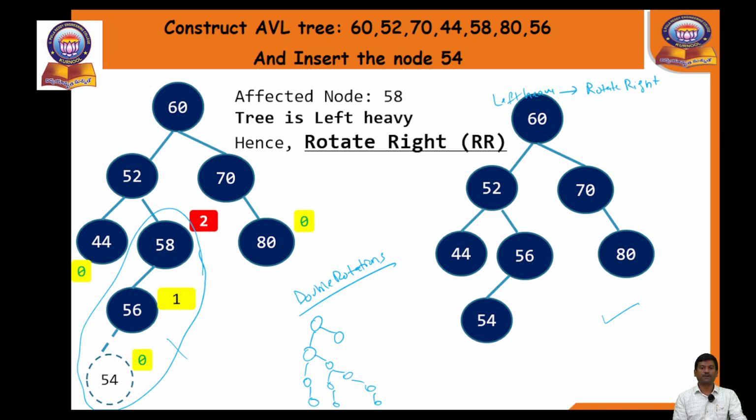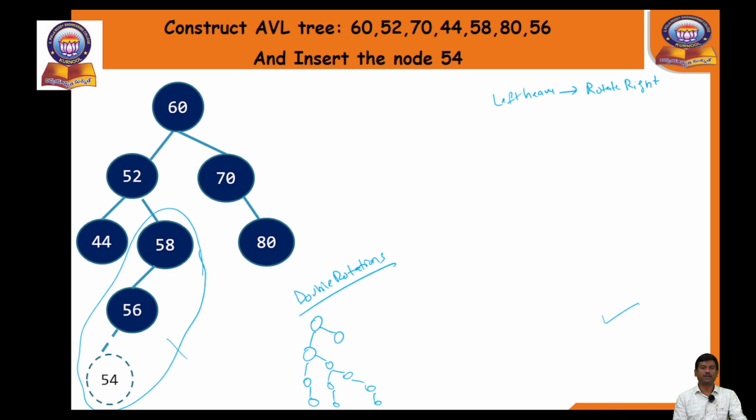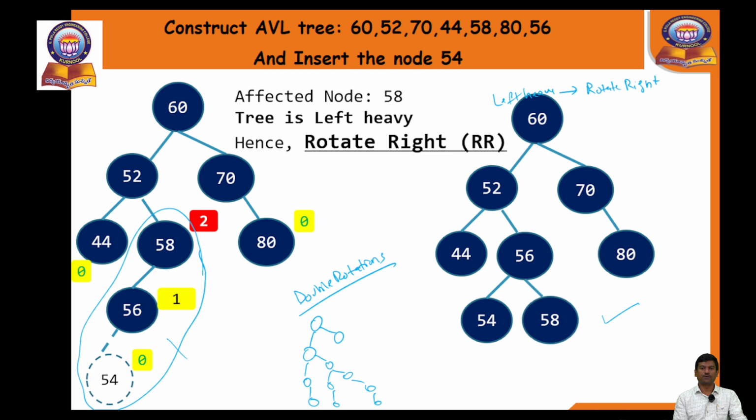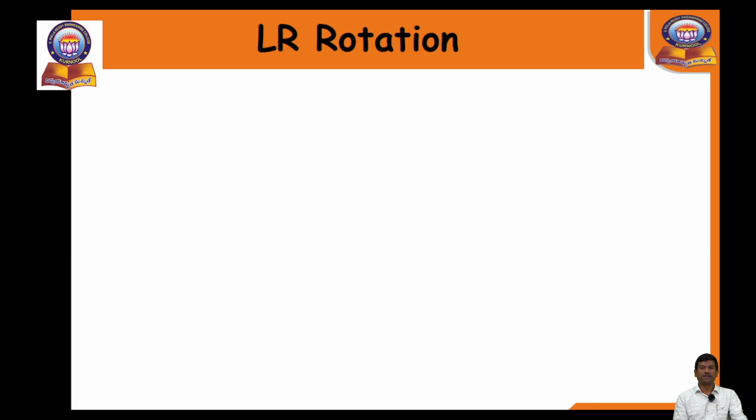So far we have covered the concept of how the AVL tree is involved and what the properties of the AVL tree are. And in the next video, I will be covering the double rotations. That is LR rotation as well as RL rotation. LR rotation: left is heavy, out of which the right subtree is heavy.